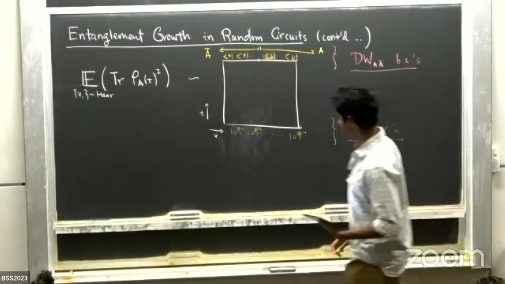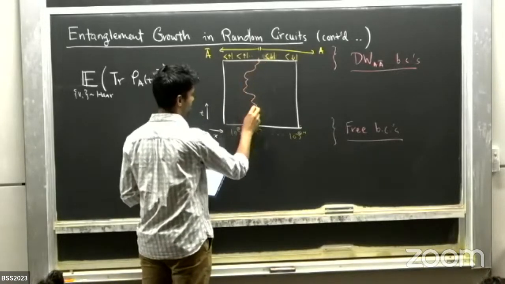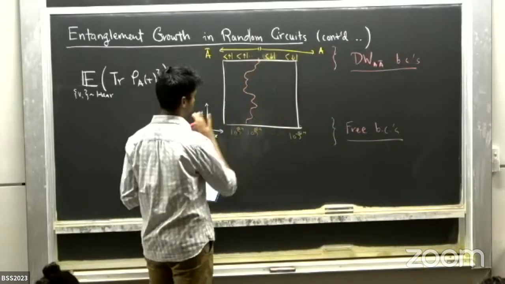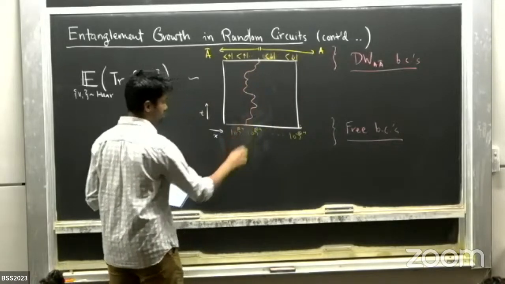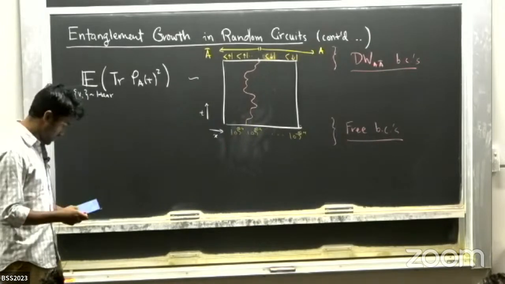So what the domain wall will do generally is take some sort of directed path, and because the system is infinite in the spatial directions, it'll end on the temporal boundary, which is the initial time of the circuit dynamics.